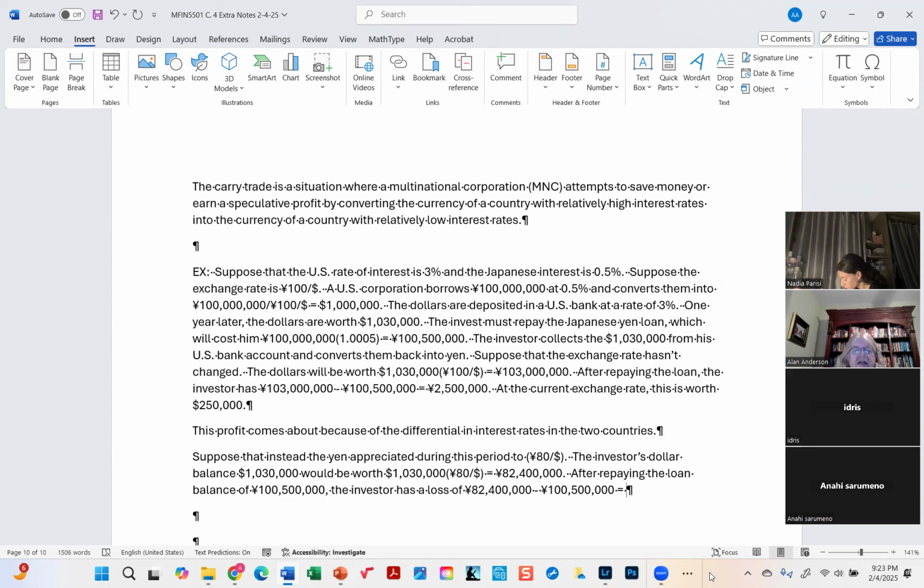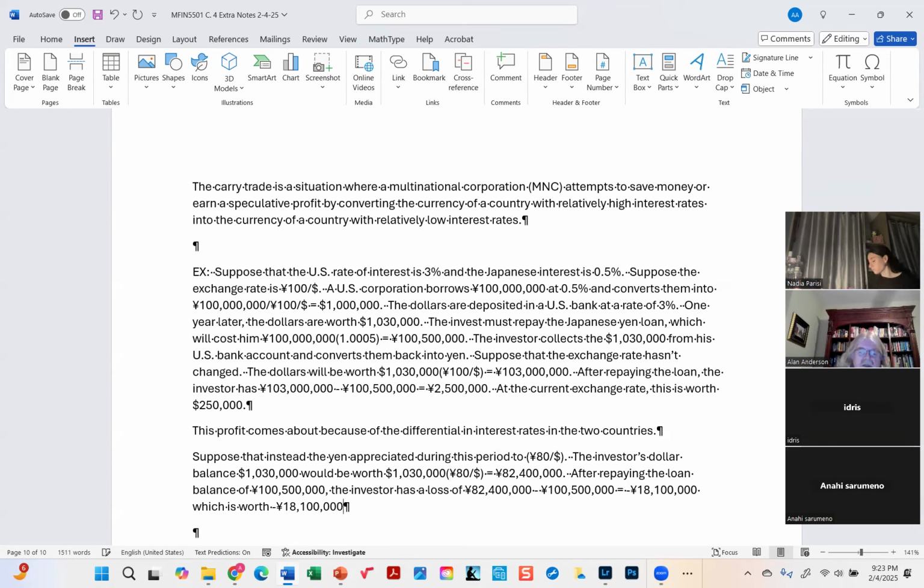Now we're looking at negative 18 million yen, which is worth, and remember the dollars, 80 yen.